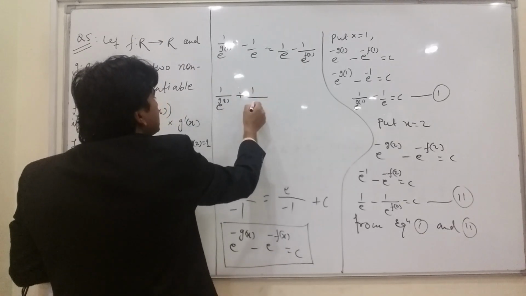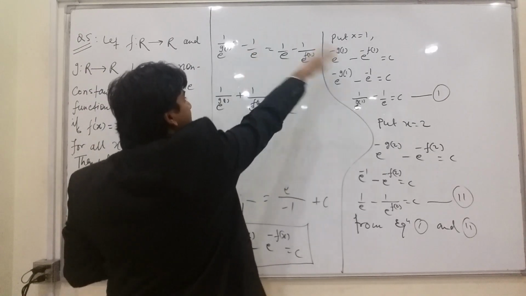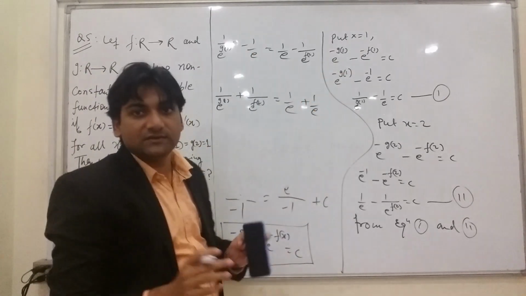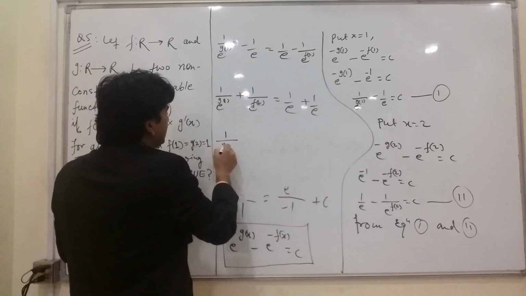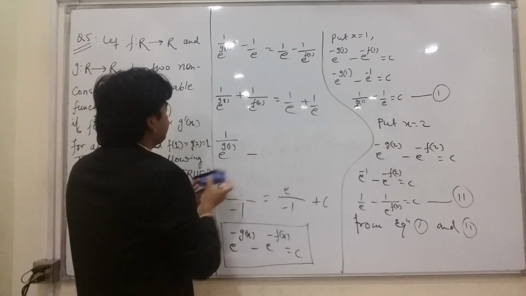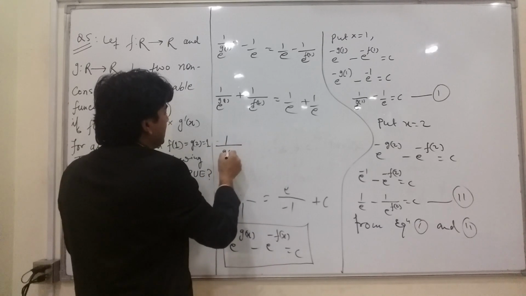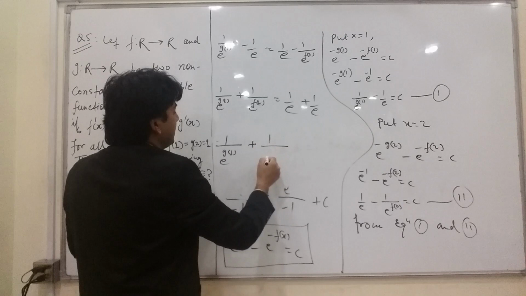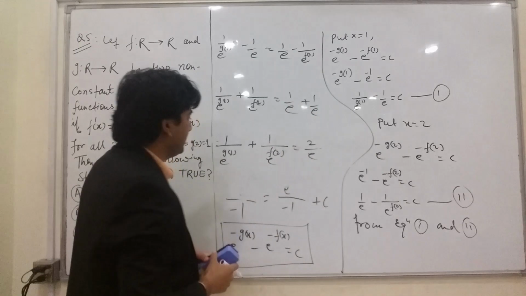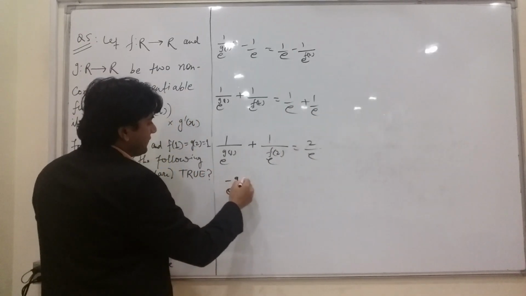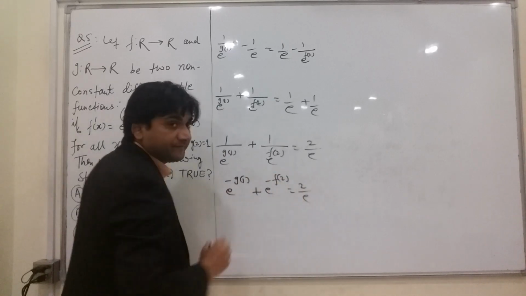So plus 1 over e raised to f of 2 equals 1 over e, and then this minus 1 over e to that side, which is 1 over e. Okay. Now what you got? You got 1 over e raised to g1 plus 1 over e raised to f of 2 equals 1 over e plus 1 over e, which is 2 over e. So we have e raised to minus g1 plus e raised to minus f of 2 equals 2 over e.